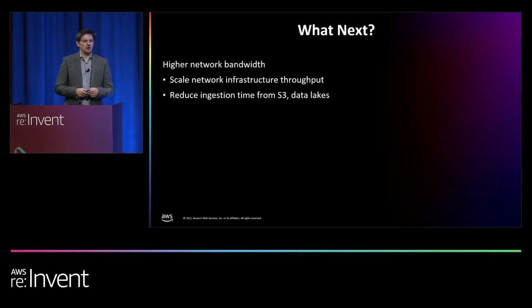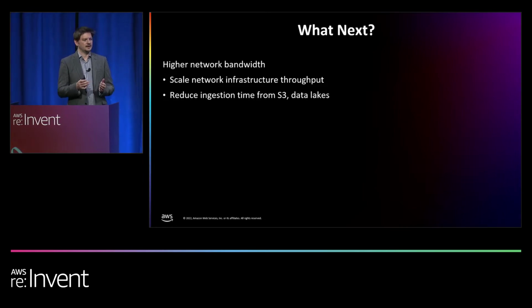Customers are also storing more and more data into S3 and data lakes, and as analysis gets more complicated, they need to analyze more of this data to generate customer insights. So they asked us, how can we help them reduce the time it takes to read this data from S3?